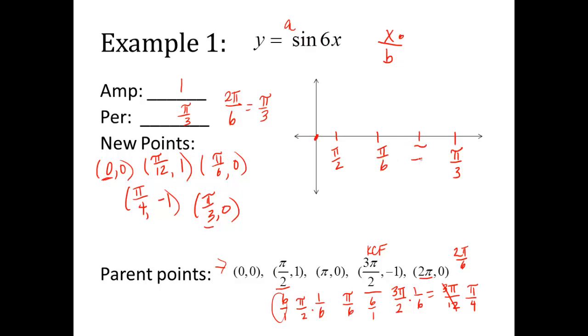Pi over 4. That feels strange, but these are your new points. Now plot your points with the same y values. So you have 0, 1, 0, -1, and 0. So what's happened is my curve no longer goes to 2 pi, it only goes to pi over 3.